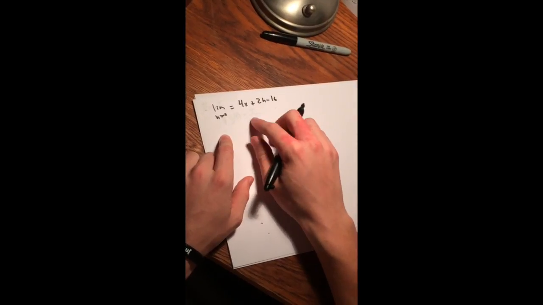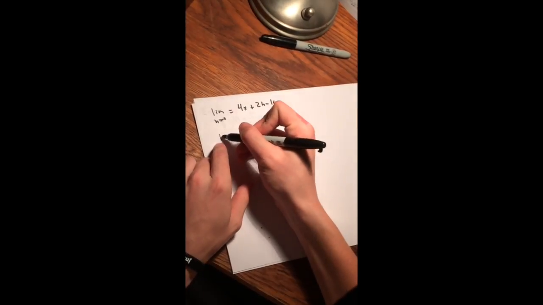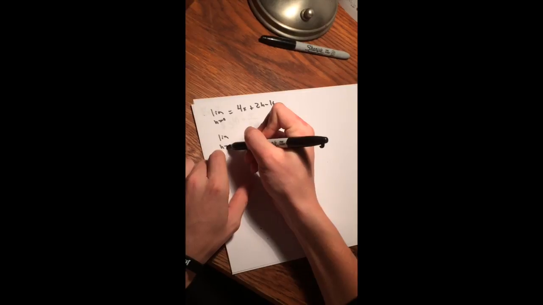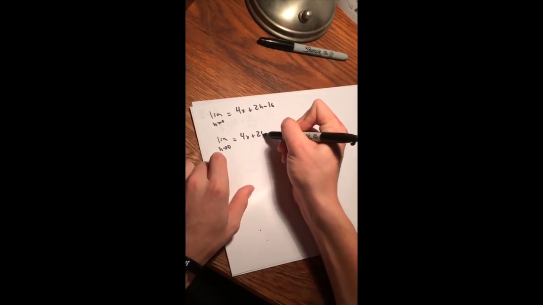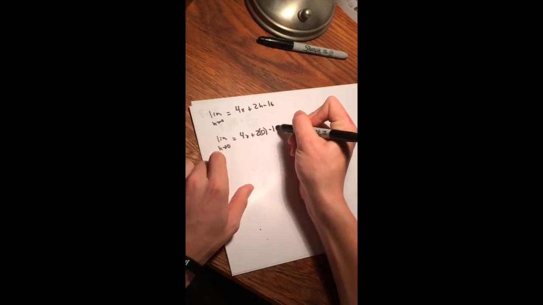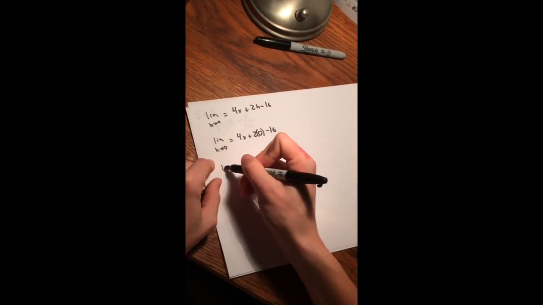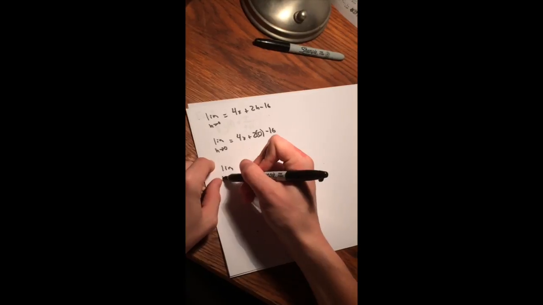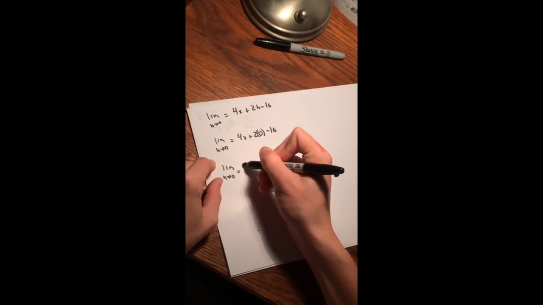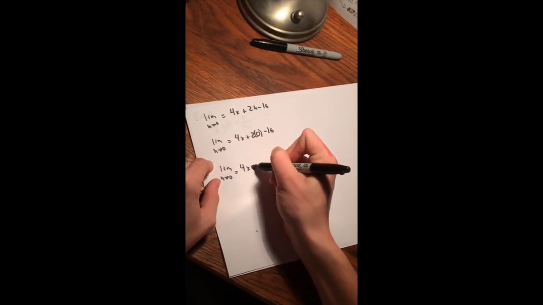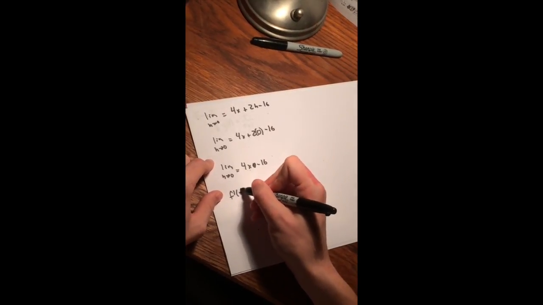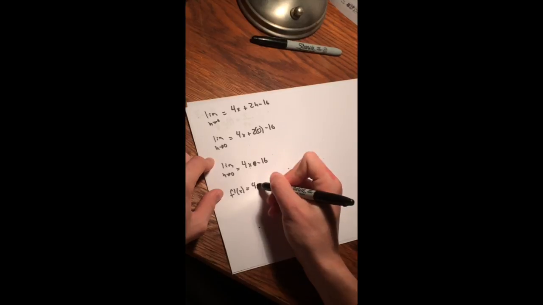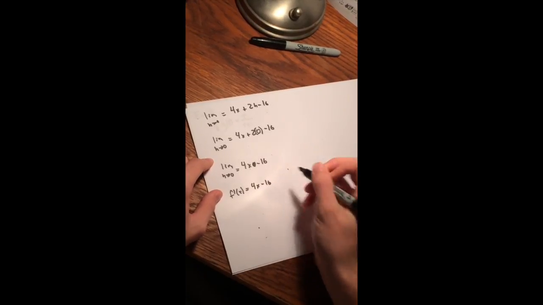So therefore, we can plug in a 0 for h, and our limit would then be 4x minus 16, and that there is the derivative, 4x minus 16.